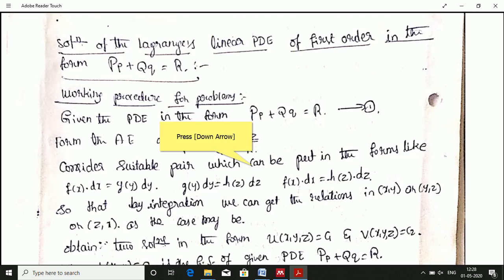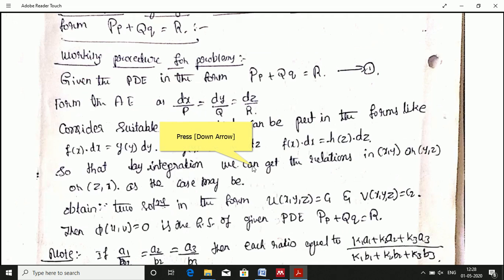So that by integration we can get the relation in x comma y or y comma z or z comma x as the case may be. Obtain two solutions in the form u of x y z is equal to c1 and v of x y z is equal to c2. Then the general solution of equation 1 is phi of u comma v equals 0.